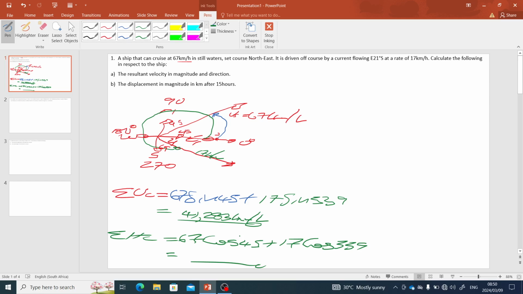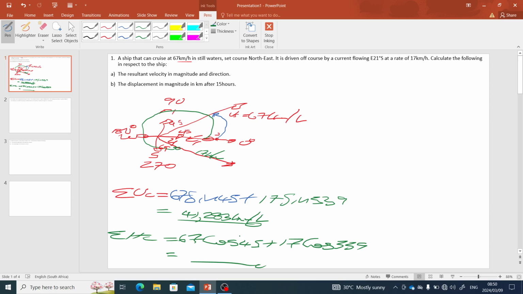Where we had sine, we will put cos. It will be 69 multiplied by cos 45 plus open bracket 17 multiplied by cos 339 close bracket.